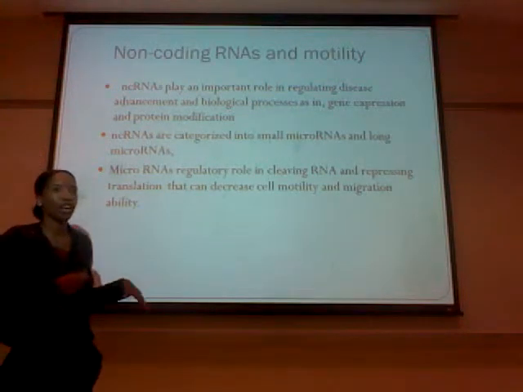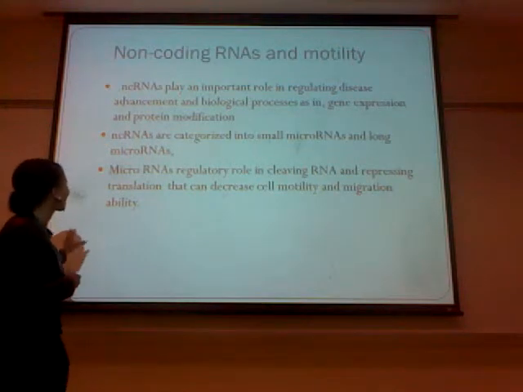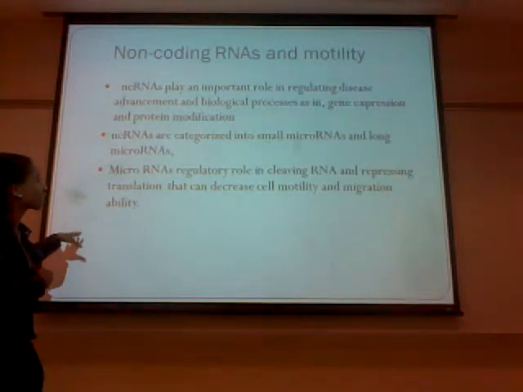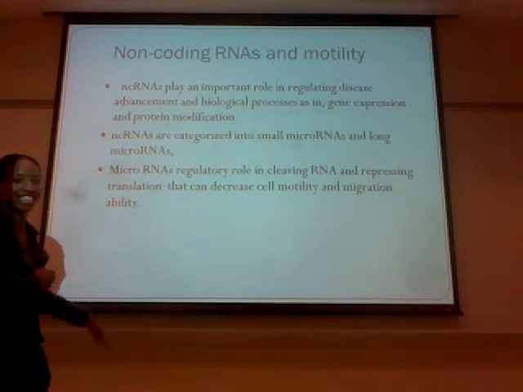Non-coding RNAs play a role in cell motility, and they can also suppress or enhance cancer motility. MicroRNA's regulatory role is in cleaving RNA and repressing translation, which can decrease motility and migration ability.